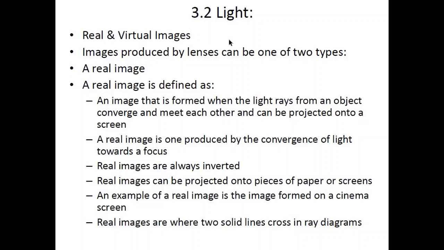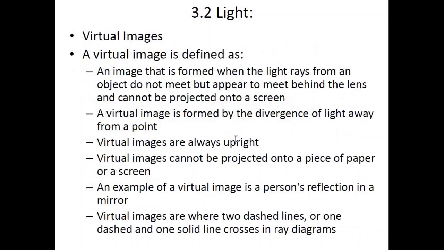A real image is one produced by the convergence of light toward a focus. Real images are always inverted, and they can be projected onto pieces of paper or a screen. An example of a real image is the image formed on a cinema screen. Real images are where two solid lines cross in a ray diagram.